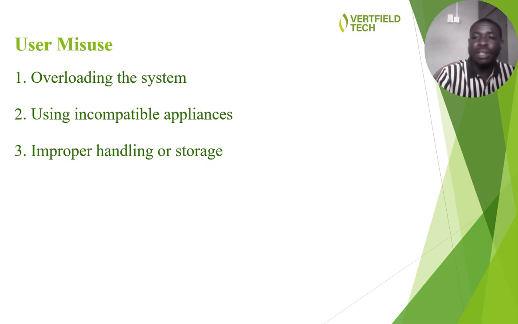Overloading the system simply means that you are powering loads that are not supposed to be powered by that system, or more than the system can handle. Each and every one of your solar generators is designed to power up specific loads.